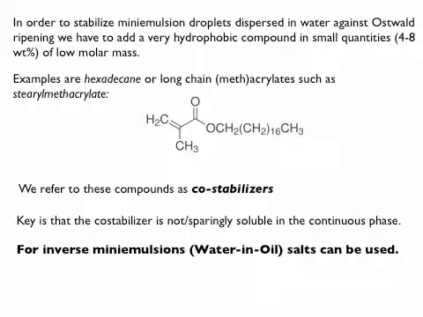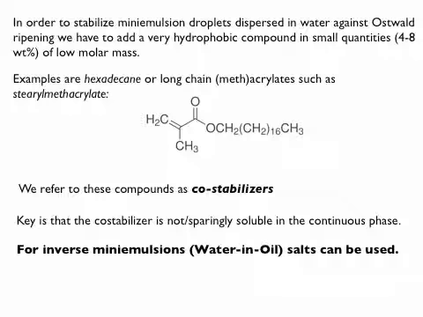So the key is that this hydrophobe, which we refer to as co-stabilizer because it stabilizes the droplets against ripening, is not, or hardly, soluble in the continuous phase, hardly being like nanomolar per liter or something. So you can think of this the other way around. You can think of this, okay, what about an inverse mini-emulsion?